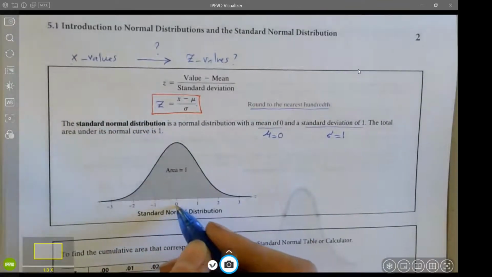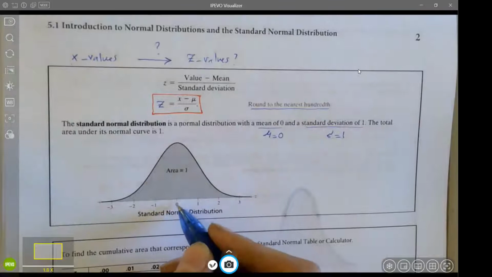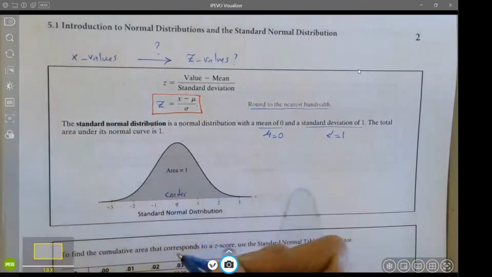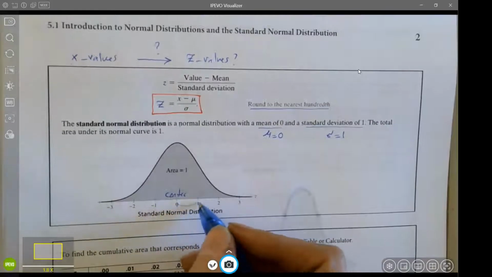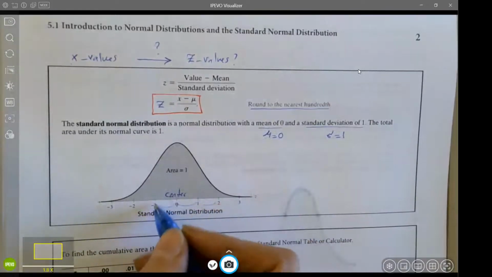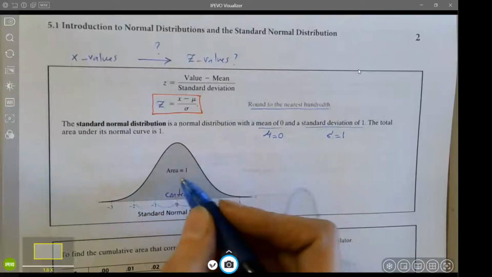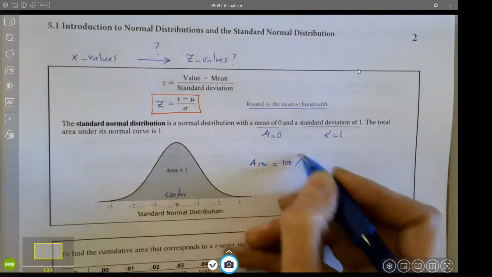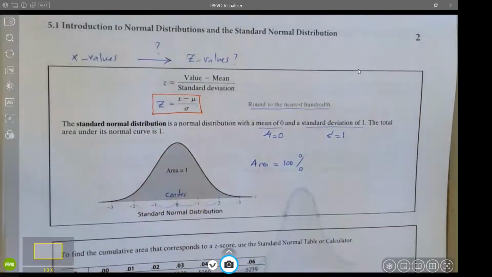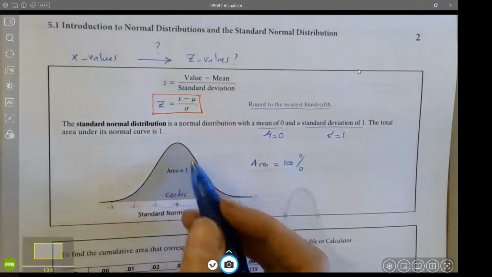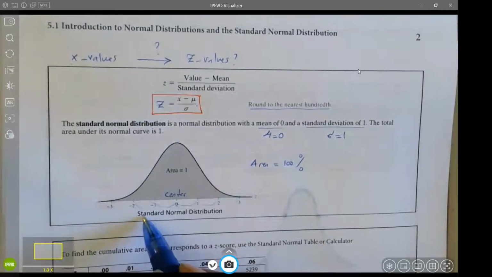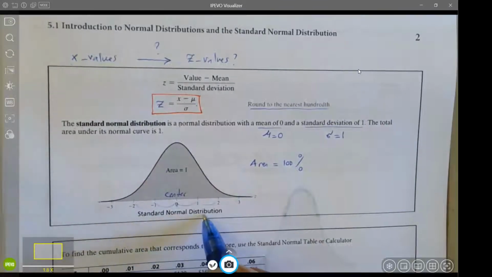The mean is 0, so the center is 0, with standard deviation equal to 1. Again, the area is 100%. We have a bell-shaped symmetric graph, but the name of it is standard normal distribution.